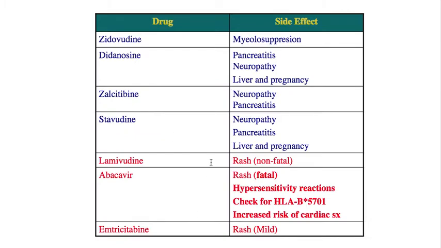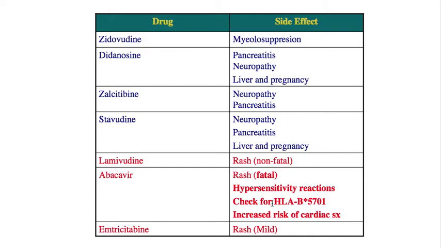Many of the agents have significant toxicities, and the one that I wanted to point out to you particularly was abacavir. This drug has a particular toxicity, which is a rash or maybe some hypersensitivity reaction on the first administration, which if the patient continues, or especially if the drug is stopped because of the rash and rechallenged, the rechallenge can be a fatal hypersensitivity reaction.